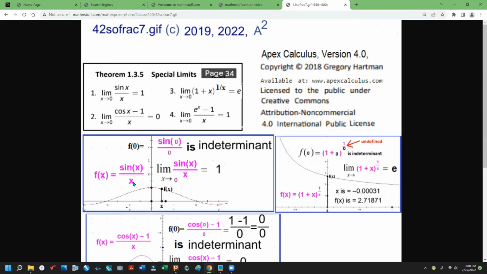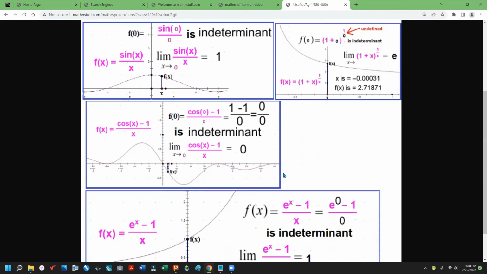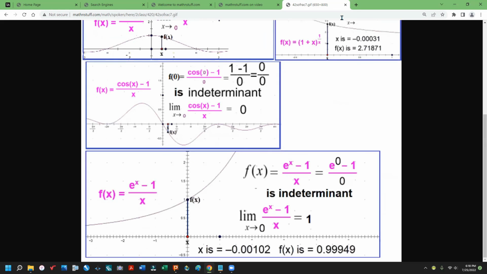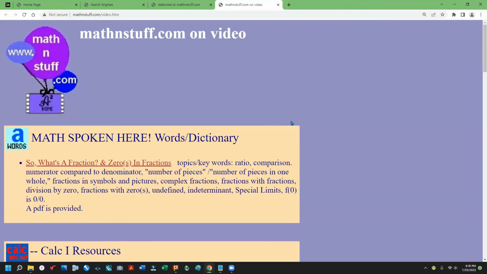The line x is 0 at 0. The function value for this function is 0 over 0. That's indeterminate. The function is indeterminate, but the limit may be taken because you approach. Same with this function and that function and that function. And that's all we really had to talk about.